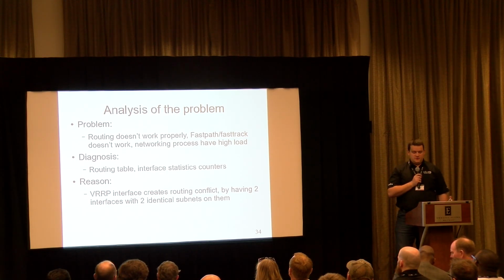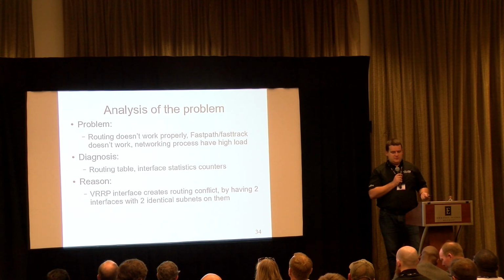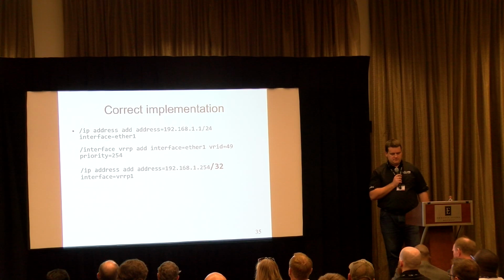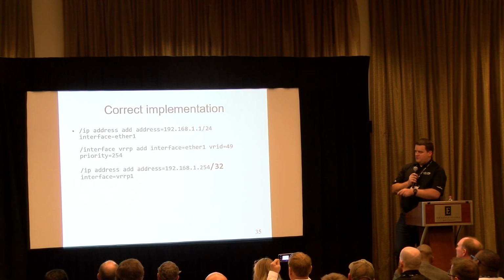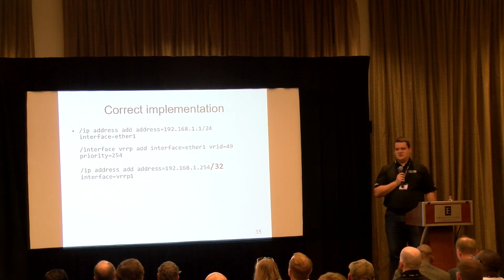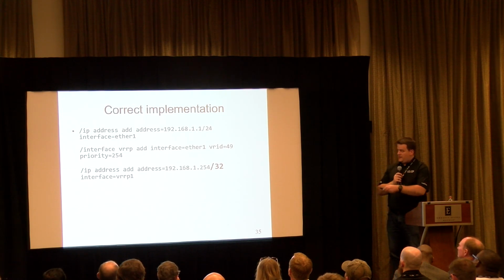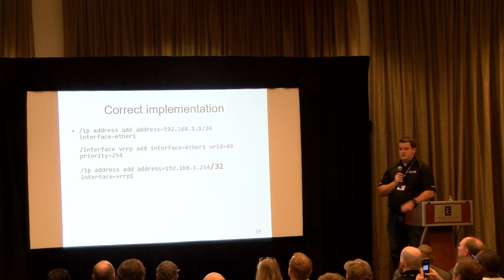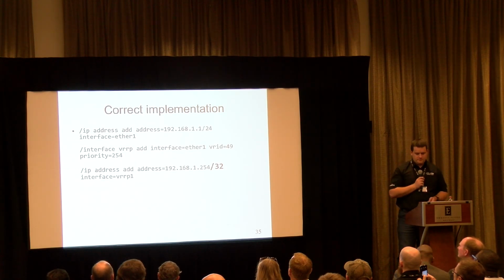The VRRP virtual interface doesn't have FastPath support and was not designed to be routed through. So the solution is very simple. Follow the manual to the letter and use /32 on VRRP interfaces so that it doesn't take part in the routing process itself. So all the packets are routed through the physical interface, not your VRRP interface. This is a very common issue.